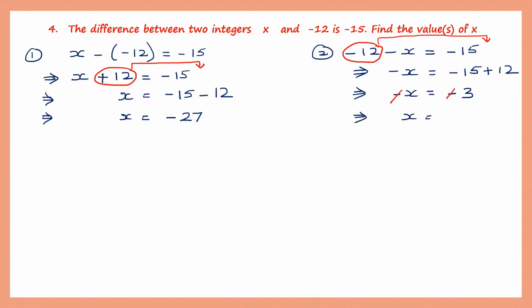X is equal to 3. So now we have found the two values of x. So x can be minus 27 and here x can also be 3. These are the two values for x. So let's write it down. The values of x are minus 27 and 3.